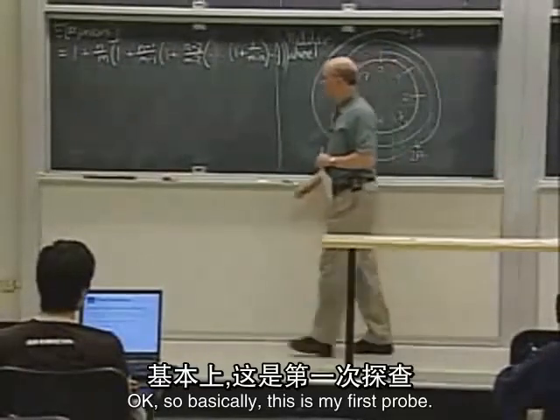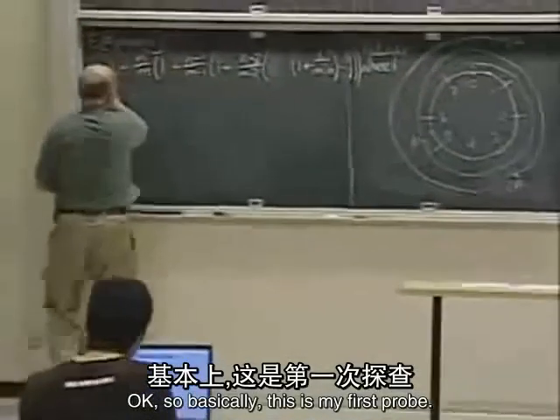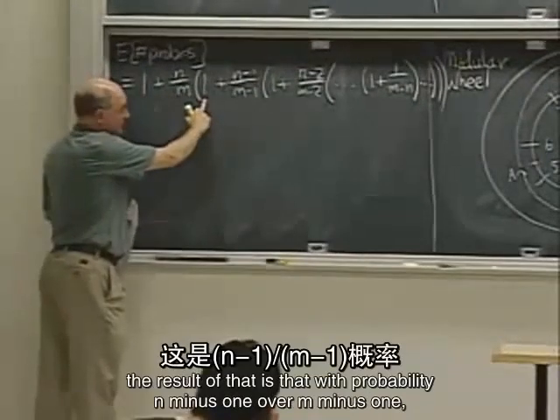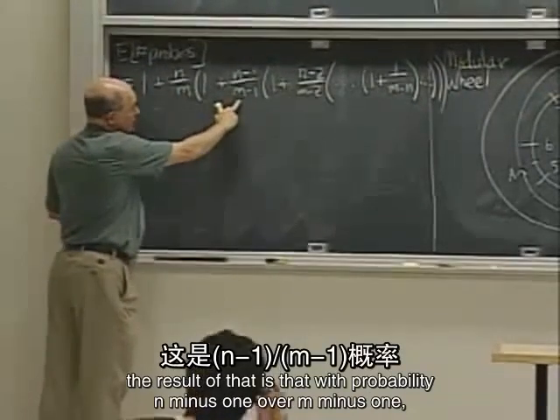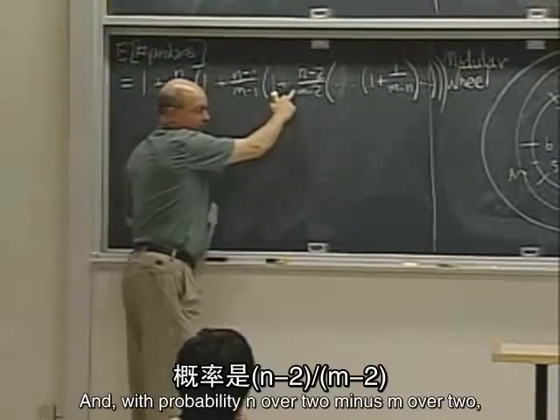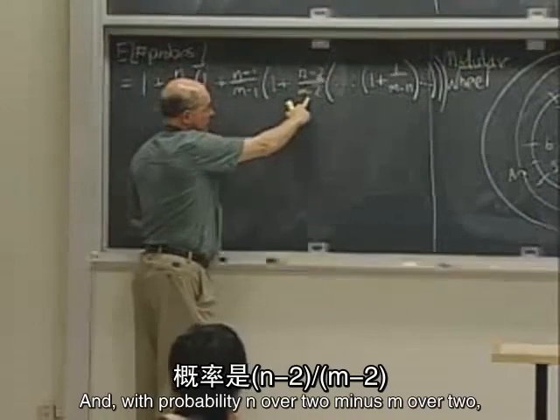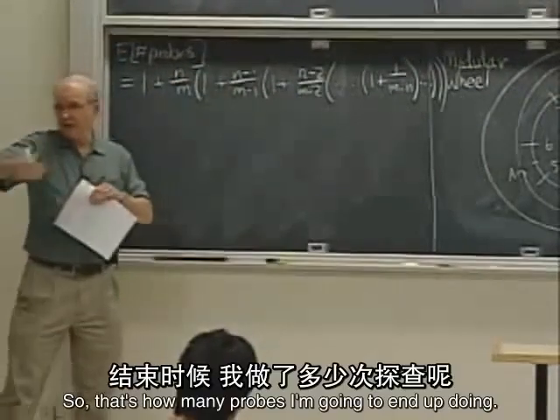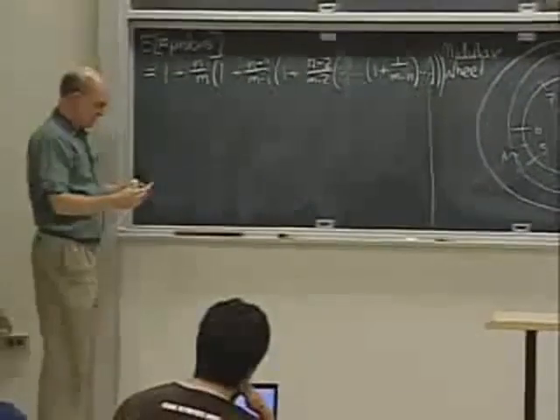So basically, this is my first probe. With probability n over m, I have to do a second one. And the result of that is that with probability n minus 1 over m minus 1, I have to do another. And with probability n minus 2 over m minus 2, I have to do another, and so forth. So that's how many probes I'm going to end up doing. Okay?